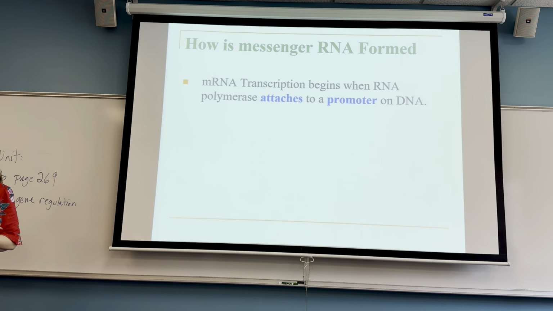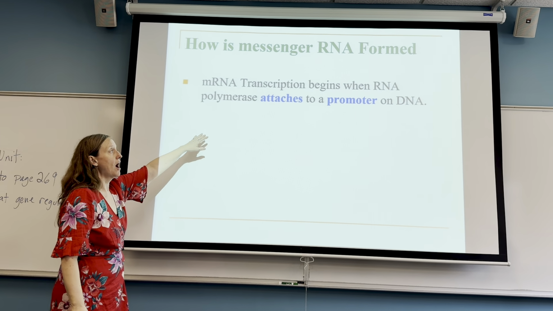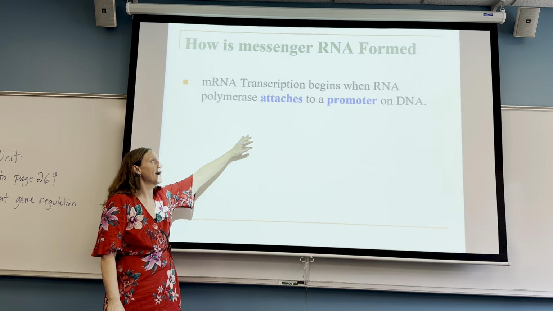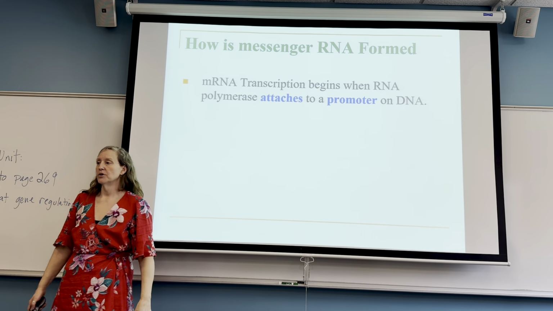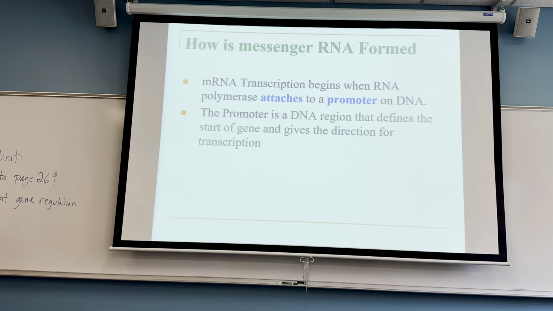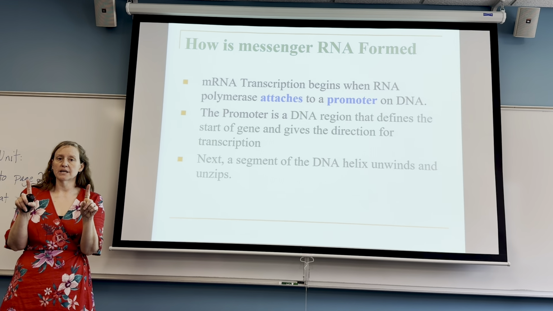There's like a marker in the DNA that says this is the side that we want to make the mRNA transcript of. And the RNA polymerase is going to attach to an area that's called the promoter on the DNA. And that's going to make the DNA go, okay, I'm going to unwind, and I'm going to start to unzip my hydrogen bonds between the two nucleotides.